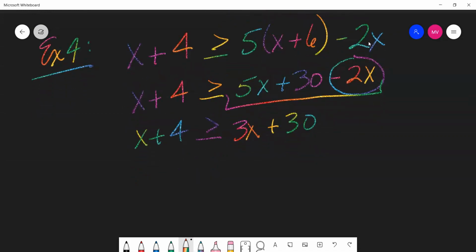Now, are both the left and the right as simple as they get? Yeah. All right, so what's the next thing we should do here, Andrew? Okay, so we need to move some things around. We need to get all like terms on the same side of the inequality.